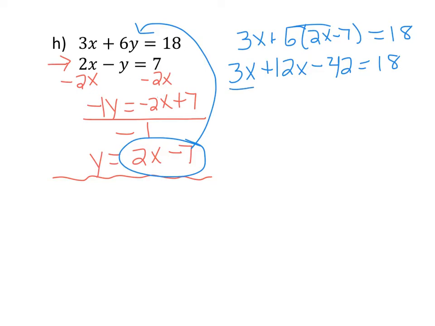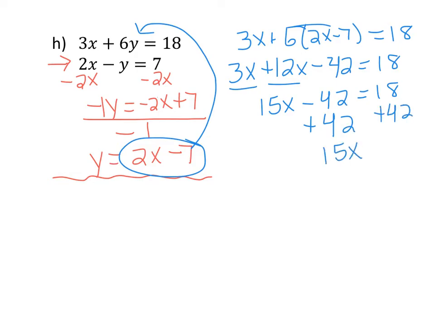Combine your like terms. 15x minus 42 equals 18. Add 42. 15x equals 60. Divide by 15. X equals 4.